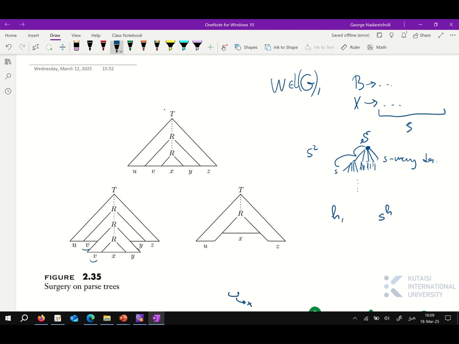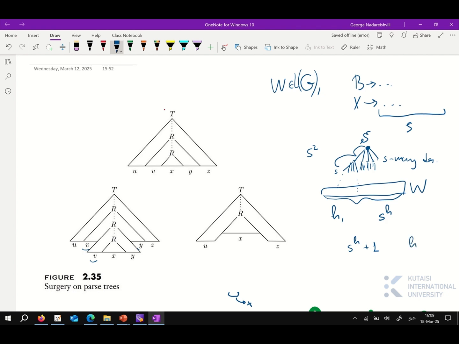And this goes vice versa. You go all the way down, and here you have your word derived. If your word has length bigger than s^h, then the derivation tree of this word has to be at least h high.